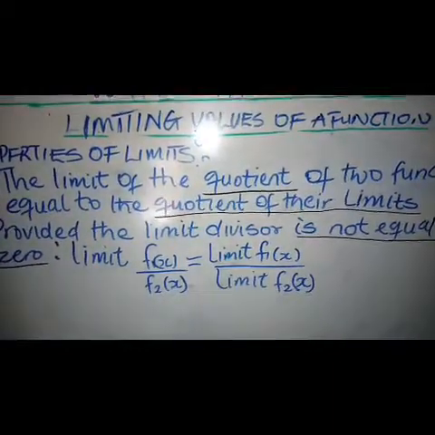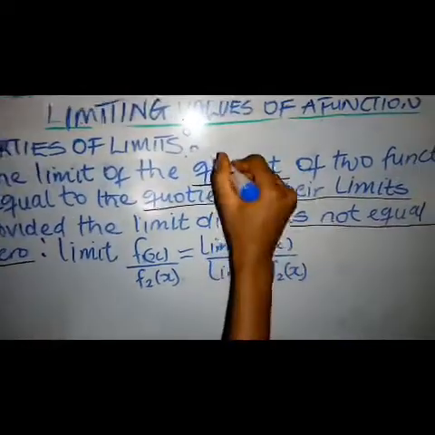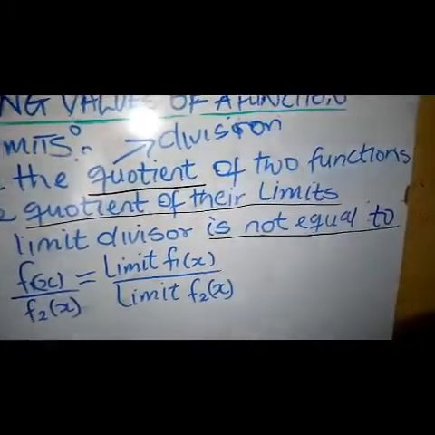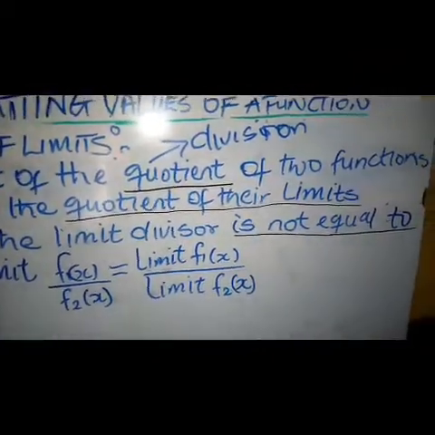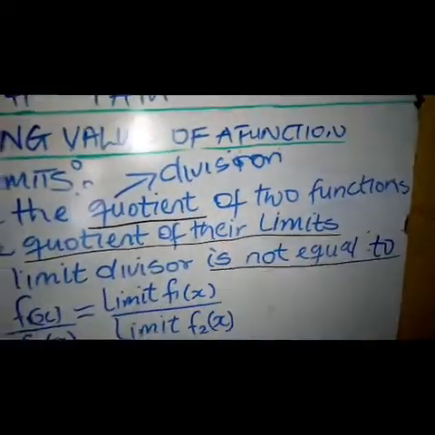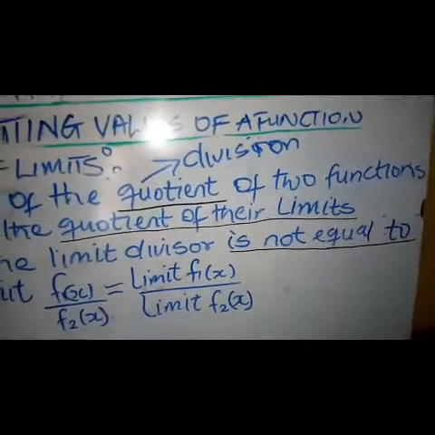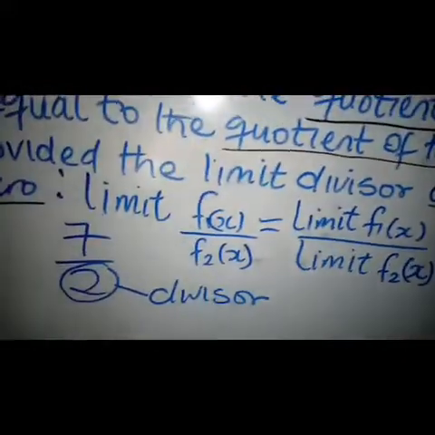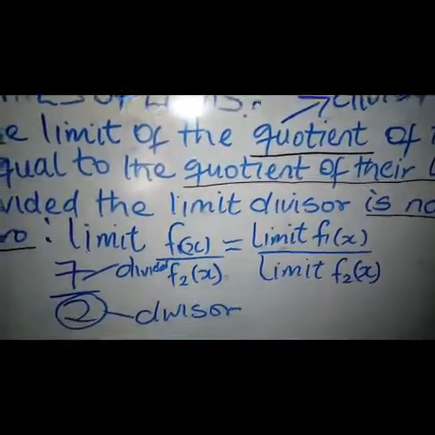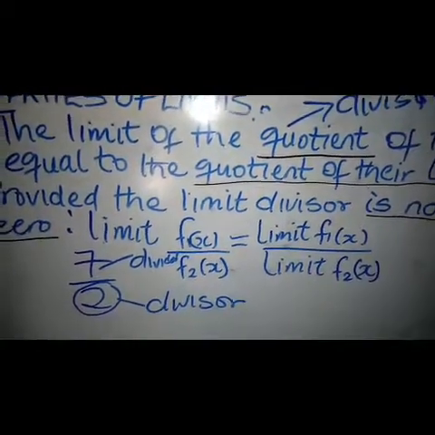The fifth rule: the limit of the quotient of two functions is equal to the quotient of their respective limits. This quotient here means division. The only condition is that the limit of the divisor is not equal to 0. When we are talking about 7 over 2, this 2 underneath is called the divisor in mathematics, while the top is called the dividend. So when you find the limit of the divisor, if it's not equal to 0, that means this fifth rule can be applied.